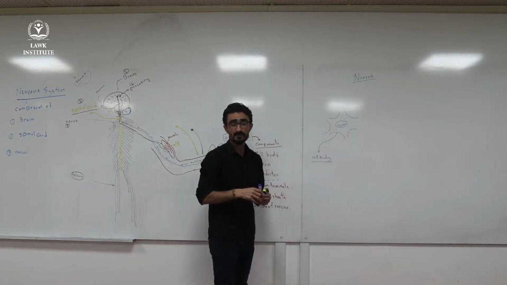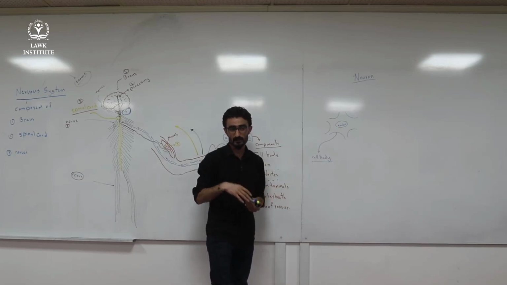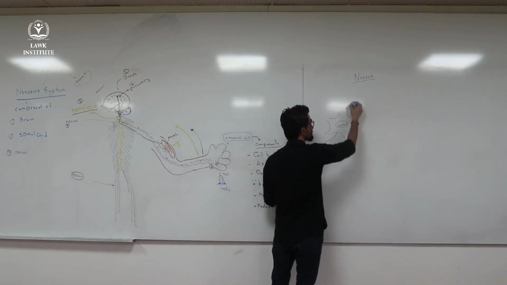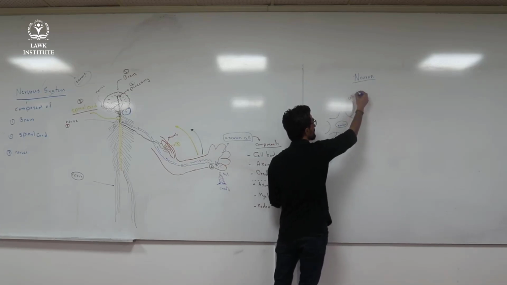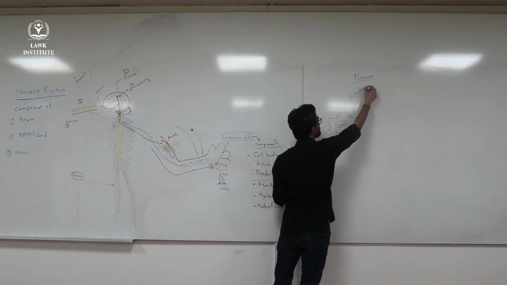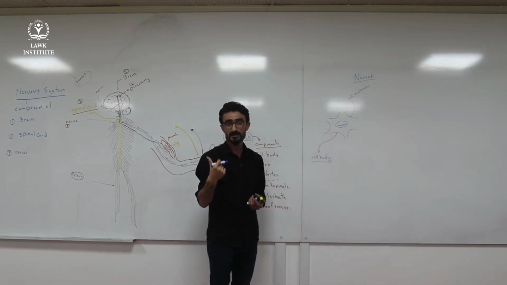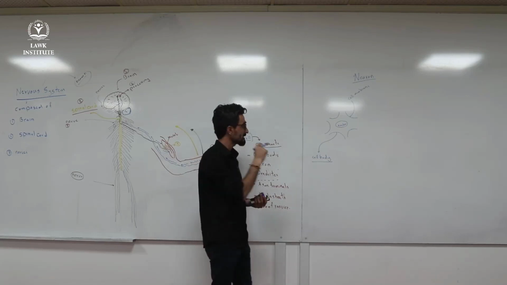The cell body is the part of the neuron cell that's surrounded by the cell membrane. This blue line represents the cell membrane, and this cell body contains the nucleus, cytoplasm, and other organelles, the majority of cellular organelles of the neuron.